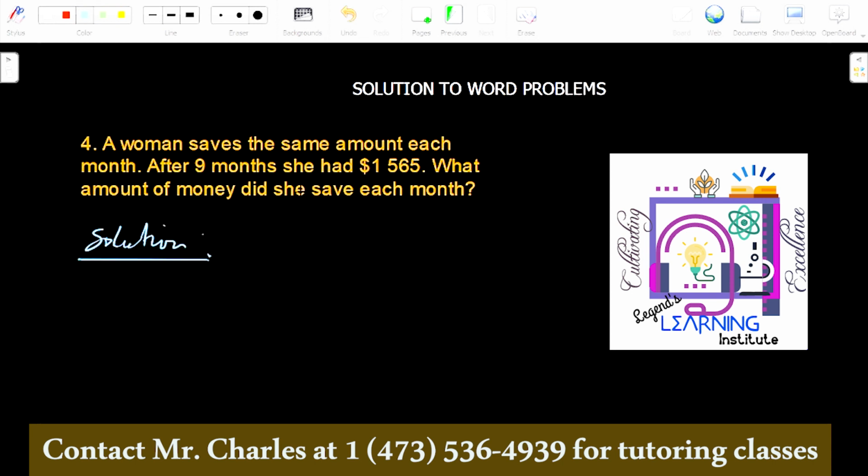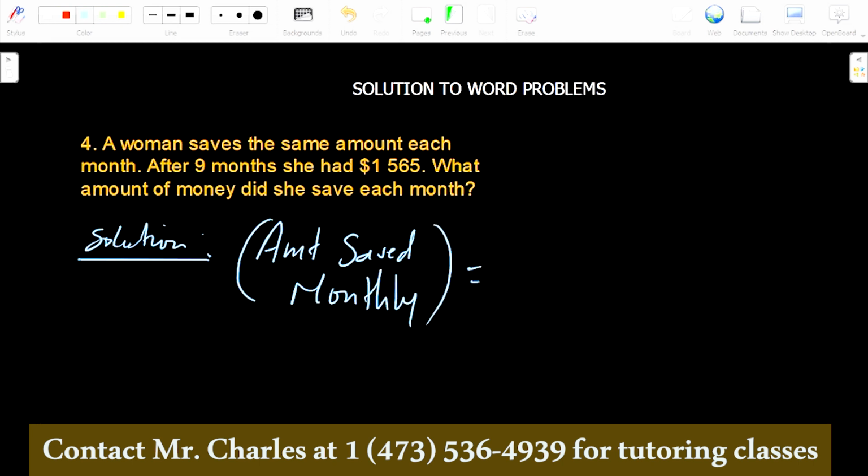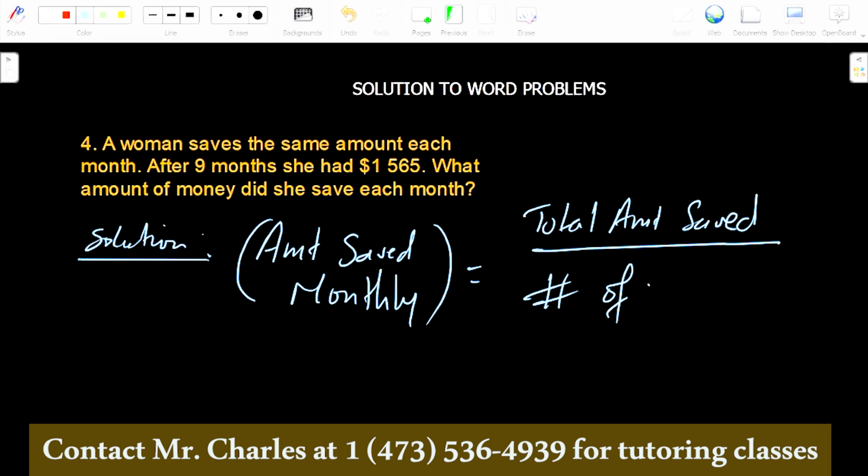Okay, so she saved the same amount each month. So all you have to do is take the total amount she saved and divide it by the number of months. So the monthly amount saved is equal to the total amount saved divided by the number of months.